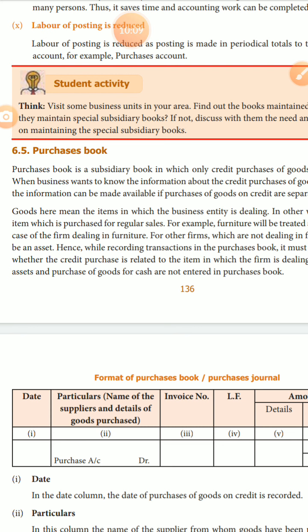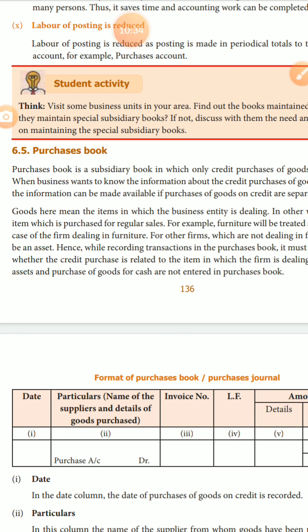Hence, while recording a transaction in the purchase book, it must be ascertained whether the credit purchase is related to the items in which the firm is dealing. Purchase of assets and purchase of goods for cash are not entered in the purchase book.